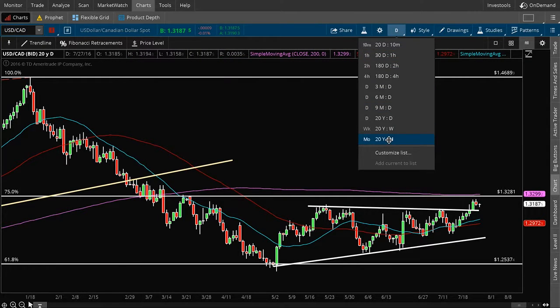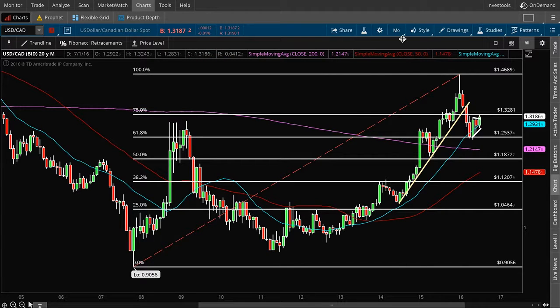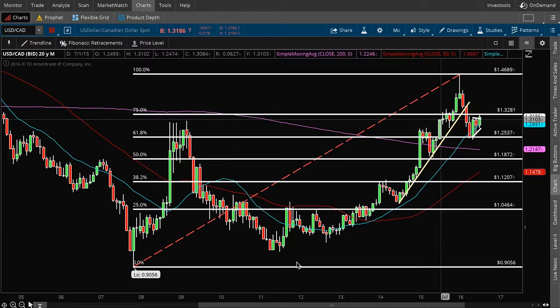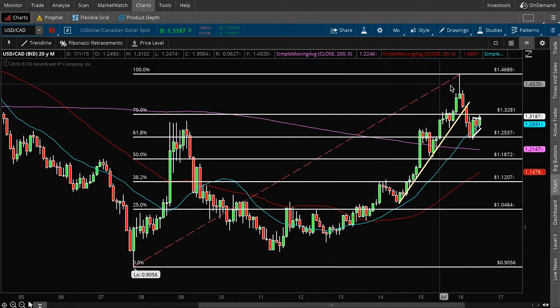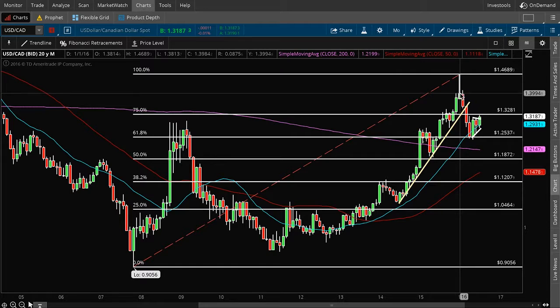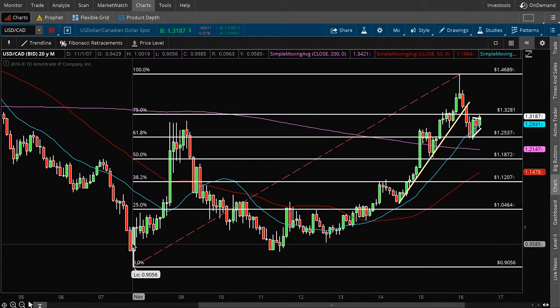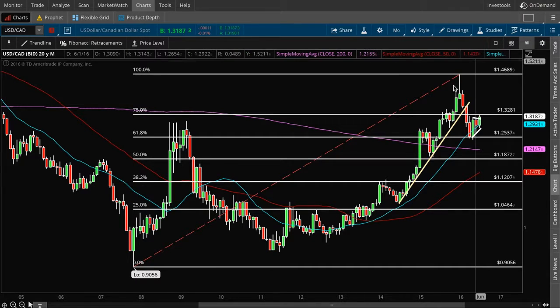So I think first I'll start off with the monthly time frame. And real simple, I pulled my Fibonacci retrace from this high on the month of January 2016 to the low of this candle here from, let's see here, November 1st, 2007, high to low.